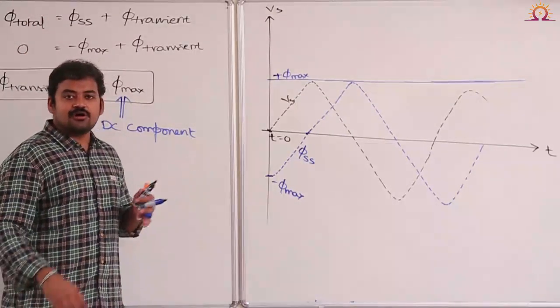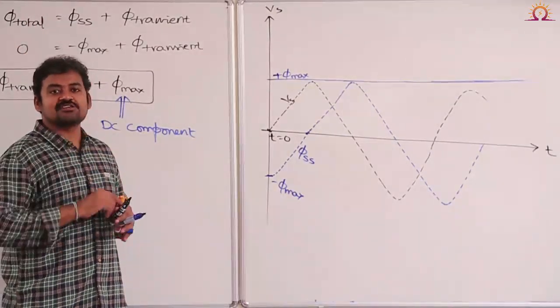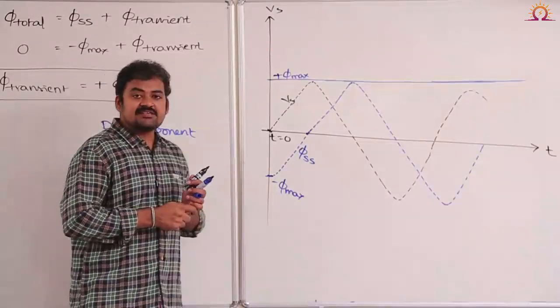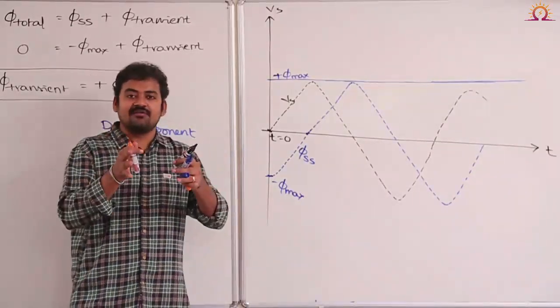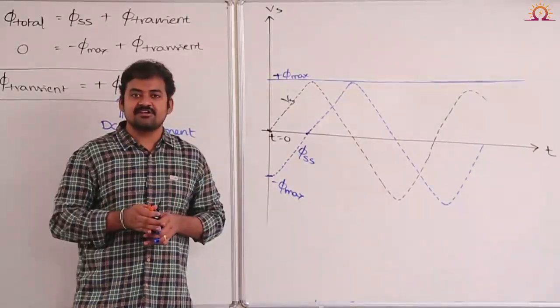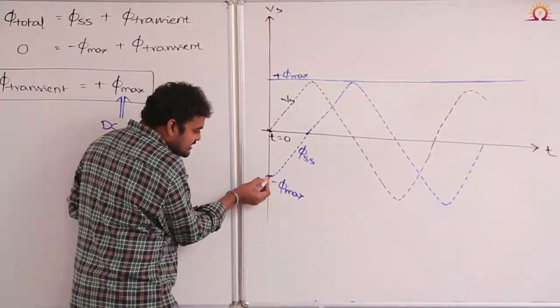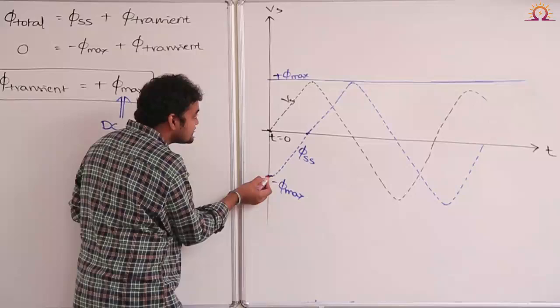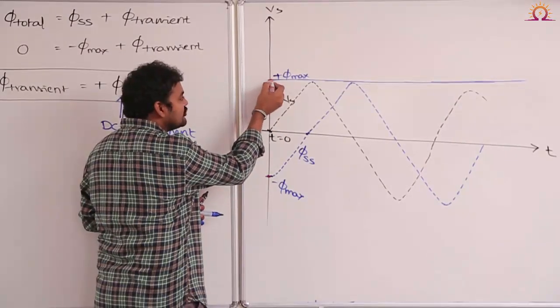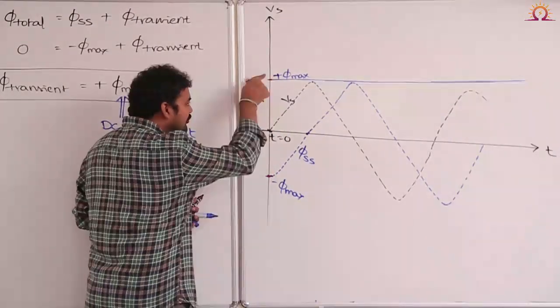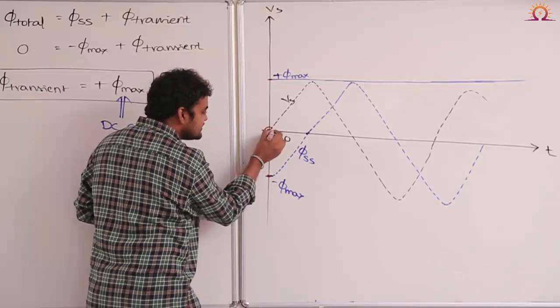So let us try to draw waveform of the total flux or resultant flux here. Can I say resultant flux is sum of steady state flux and transient flux? Yes. At the time t is equal to 0, what is steady state flux value? Minus phi max. What is the transient flux value? Plus phi max. If you add both of them, the resultant flux is equal to 0.